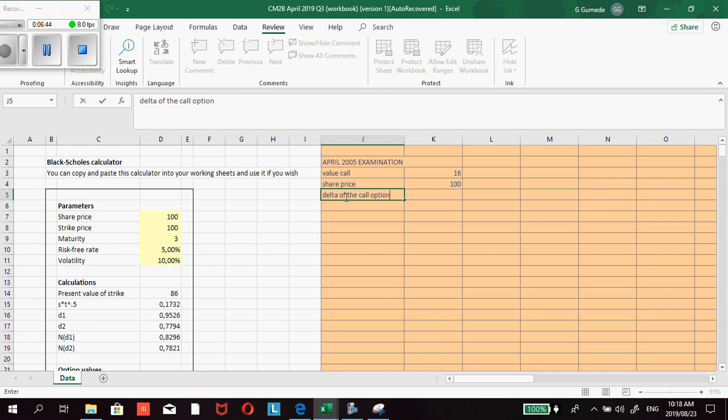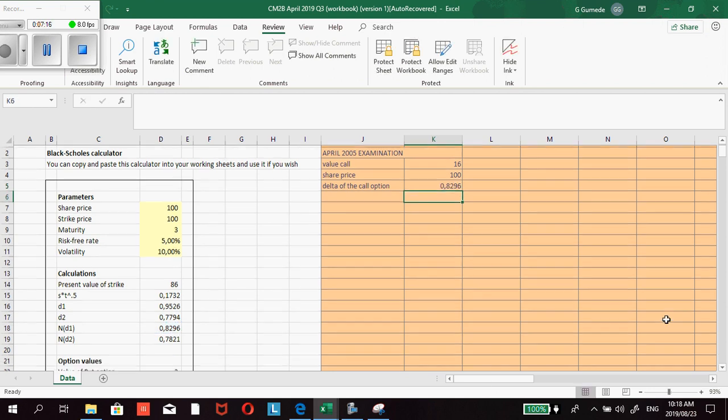Now remember the delta of the call option. I warned you during my exam revision that you must go in the exam knowing this expression off by heart. It is phi of D1. Okay, so it is this value here. So the delta of the call option, I'm just going to pick up this value here.